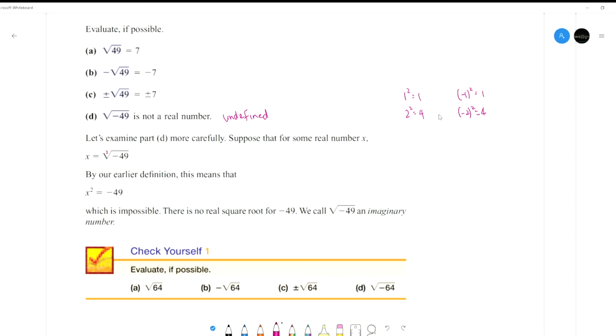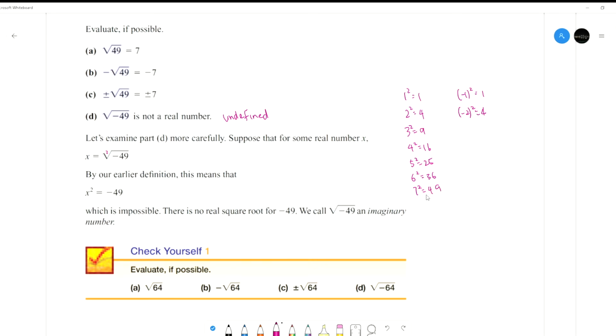And by the way, when you're learning these radicals, it's a good idea to know these squares at least up to 12. If you can go higher, that's great. 5 squared, 25. 6 squared, 36. 7 squared, 49. You know how to do these.